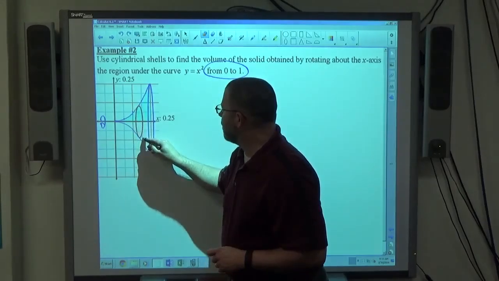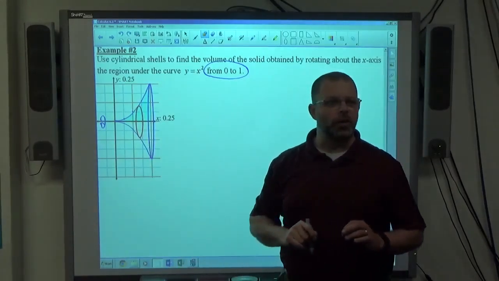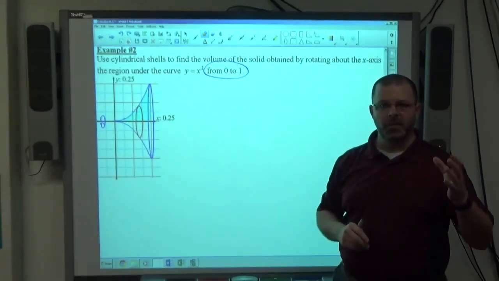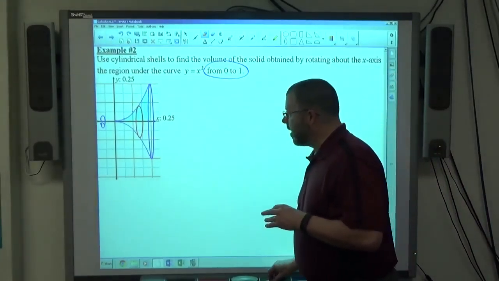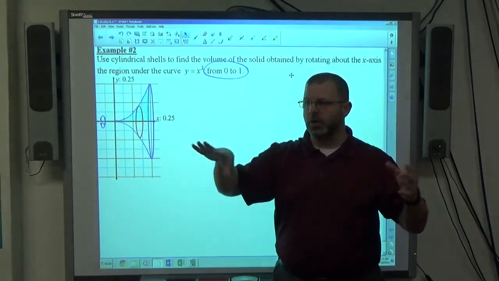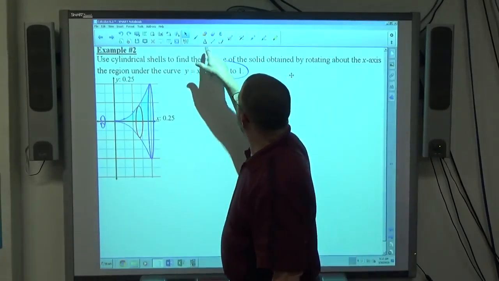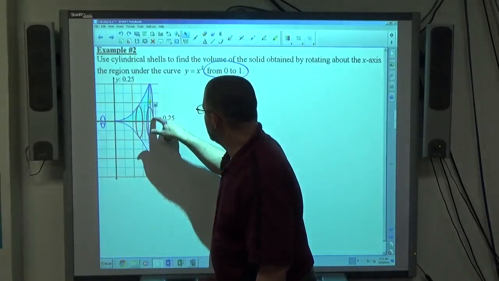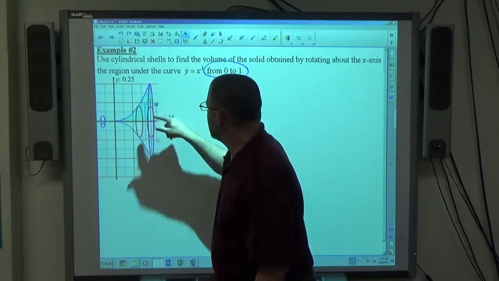But imagine that we have a shell of almost no width that's hollow, like a paper towel tube, hole in the middle. And then we're stacking these, one with a little bigger radius, bigger, bigger, until we create this whole solid. And the height, let me clean that about the right spot there.